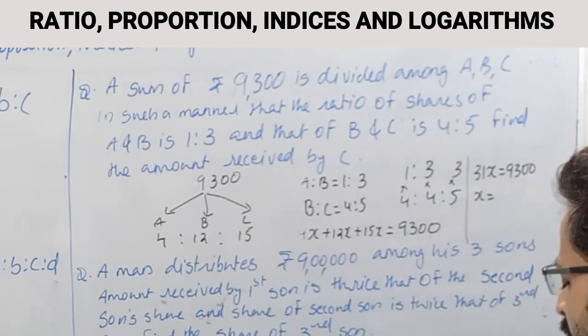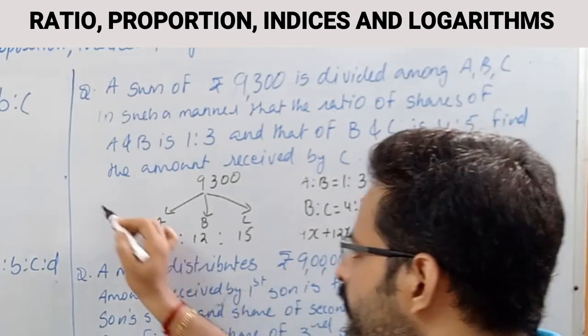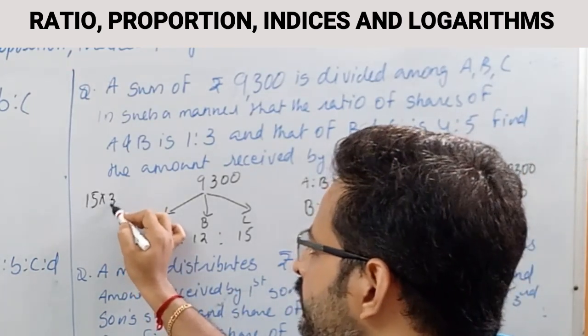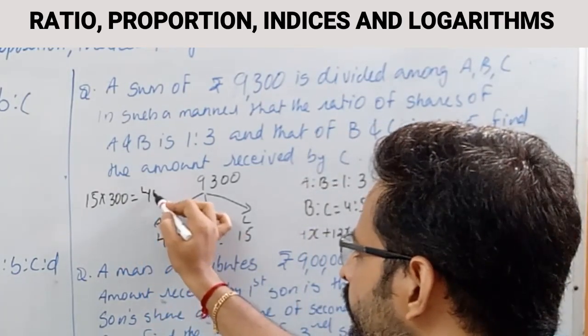Therefore, x is equal to 9,300 divided by 31, which is 300. Therefore, the amount received by C is 15x, 15 into 300 is equal to 4,500.